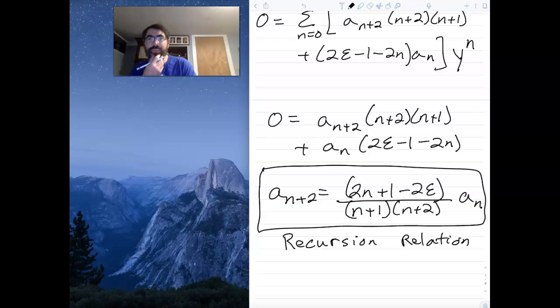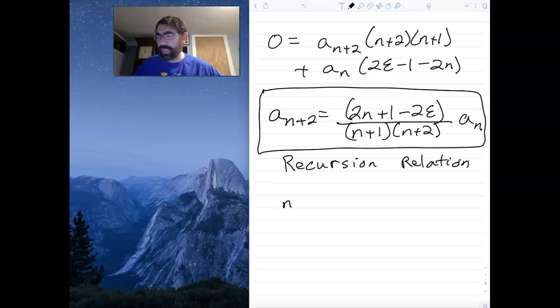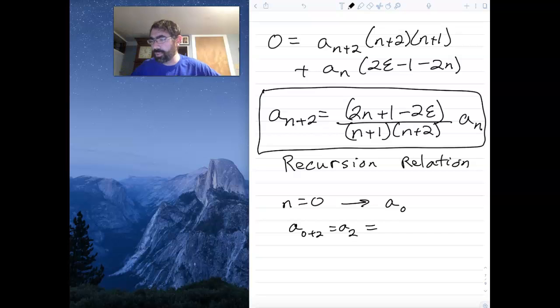What does that mean? Well, it means now if I know the first term, if I know A0, then I can find A2. So essentially, if n equals 0, I have to be given A0. I just have to start with that value. That's my starting value. And that means A0 plus 2 is just A2, which is equal to 2 times 0 plus 1 minus 2 epsilon over 1 times 2 times A0.